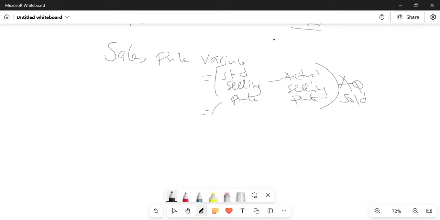Is there somebody who is able to see the actual selling price? In the actual information, about 6,200. How about the actual quantity sold? 11,700. So this automatically will give me 0.